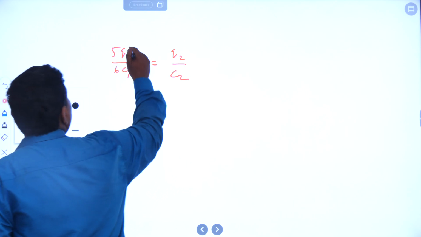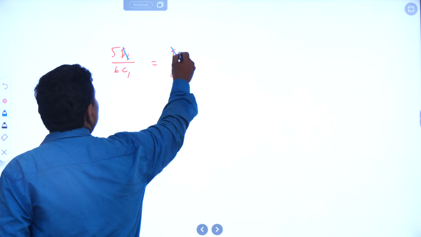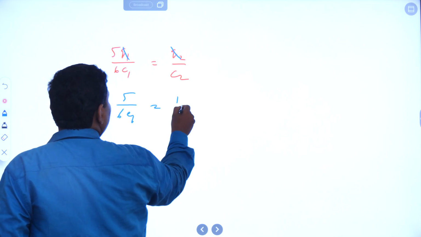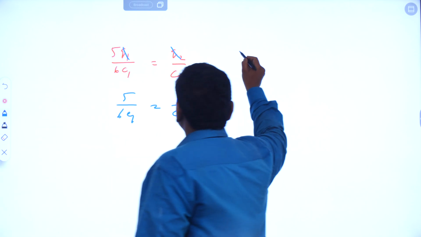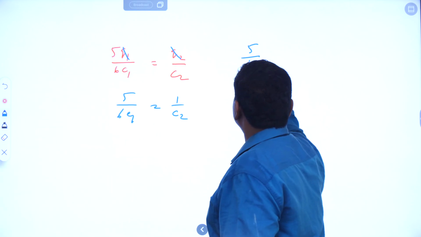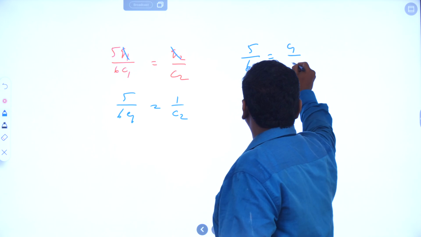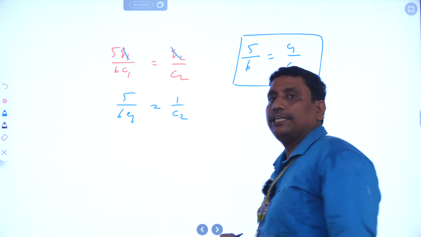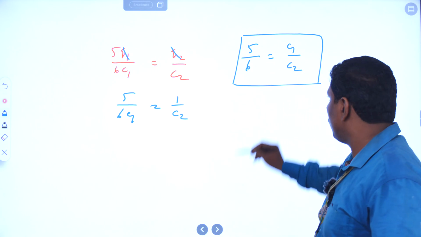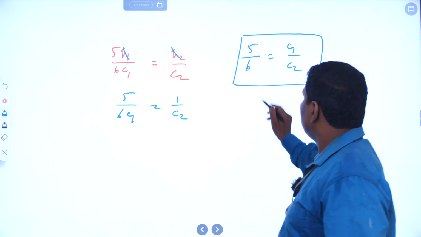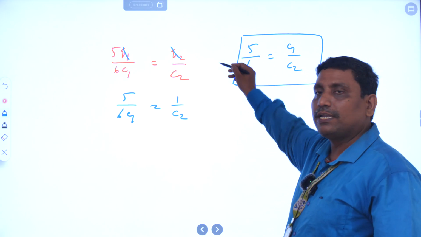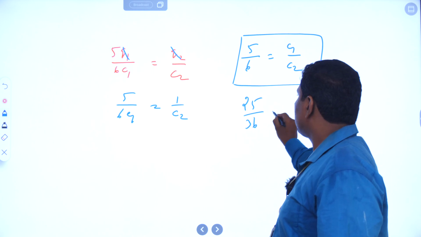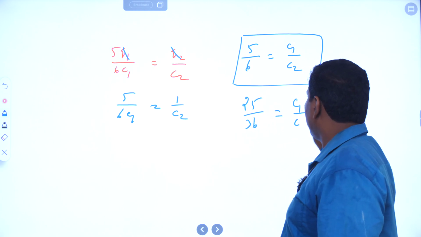Here Q1 and Q2 are cancelled, so 5 divided by 6C1 equal to 1 divided by C2. So 5 by 6 is equal to C1 divided by C2. This is the final answer. The ratio C1 divided by C2 is 5 by 6, but taking the multiples of 5 and 6, 25 divided by 36 is also C1 divided by C2.